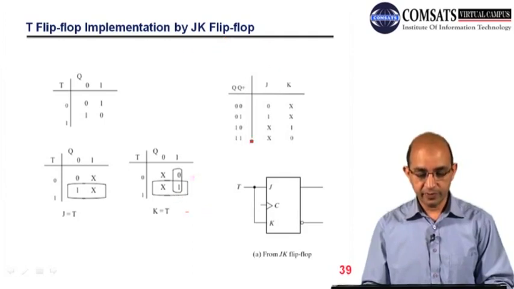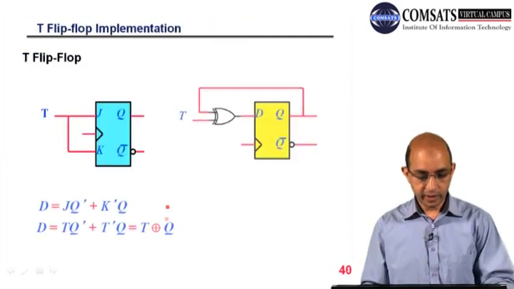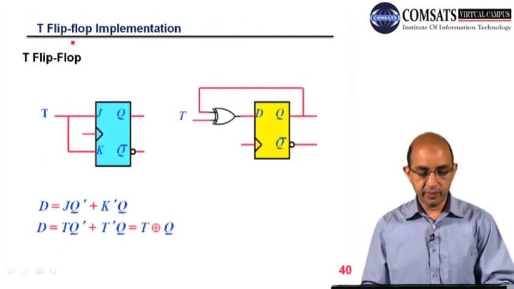So you can see we have the K map. So J is equal to T, K is equal to T. So this is the same T flip-flop implementation, but by using JK. Regarding the JK flip-flop, we already have the Boolean function.